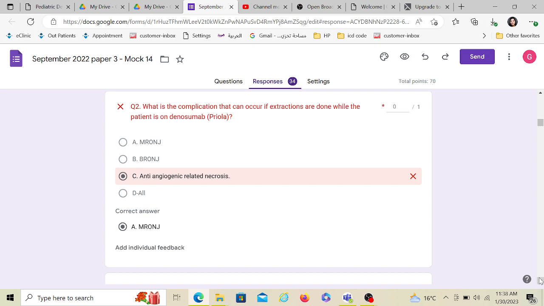Anti-angiogenic means they don't let the blood vessels develop in a particular area. Denosumab is not that. So my option C is not the right answer. My option A, that's MRONJ, is the right option. And this is not a bisphosphonate, so I'm not going to choose option B. Remember this, a lot of people get confused even after reading 100 times. Denosumab is not a bisphosphonate. It falls under the category of medication-related osteonecrosis of the jaw. Understood?